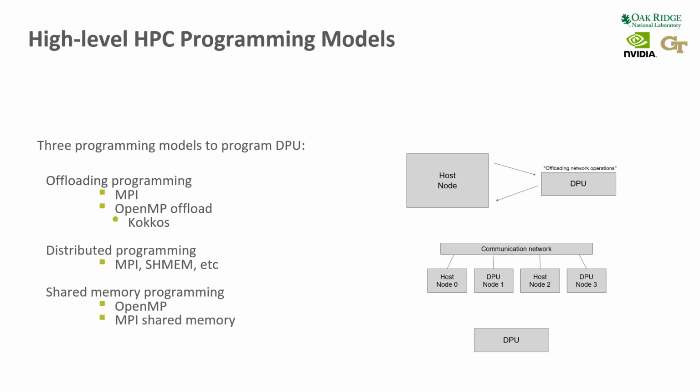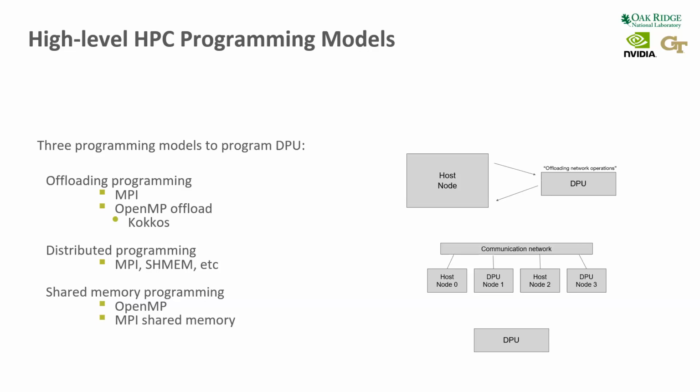However, the other mode that we can use the DPUs is in the context of a distributed programming model, where we see the DPU just as another peer or node that exists in the system, where we can map ranks directly to the different nodes.